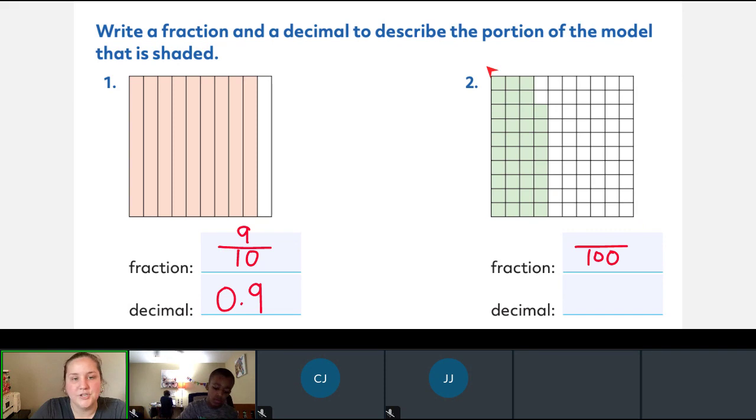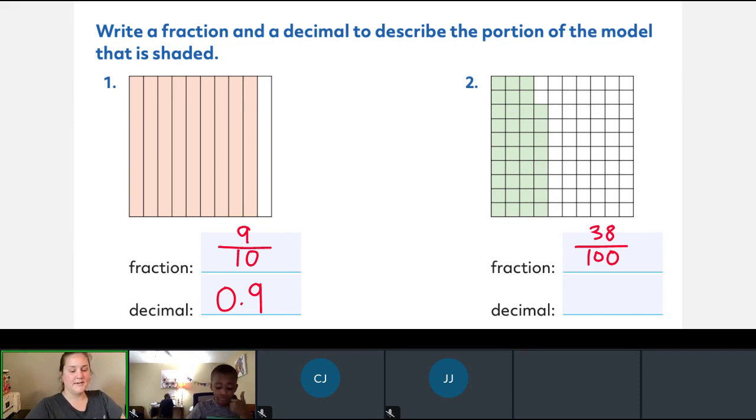Now, we know each column has 10, so we can count by tens to find the shaded number. We have 10, 20, 30 pieces plus these single ones. So 31, 2, 3, 4, 5, 6, 7, 8. We have 38 pieces shaded in, so that is our top number.